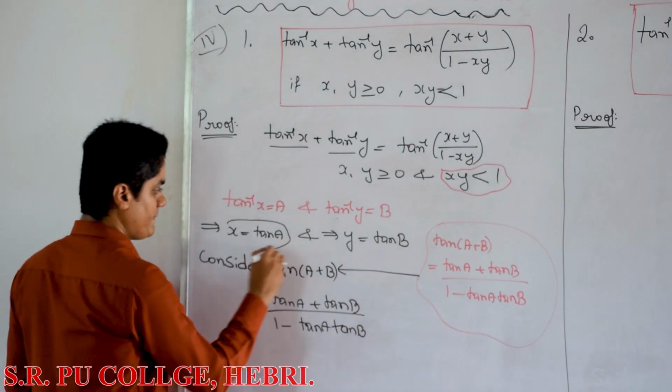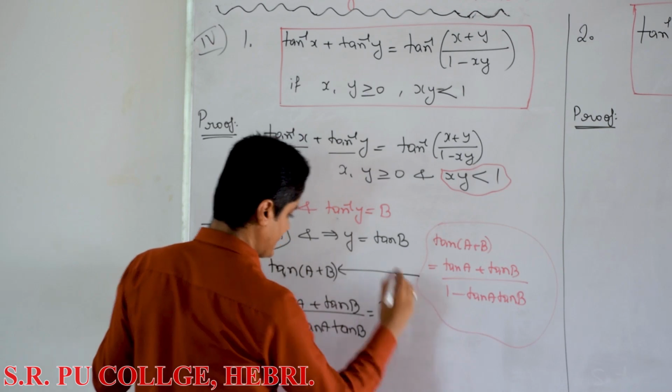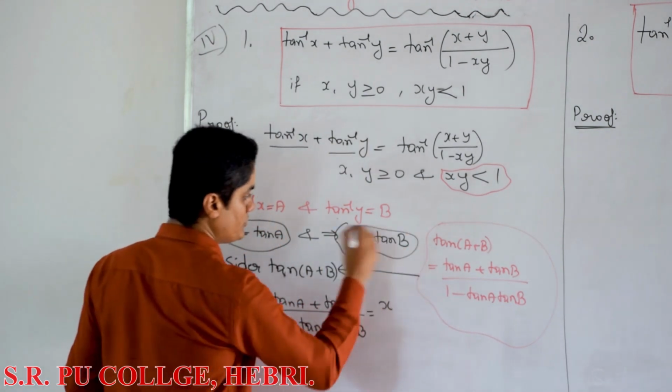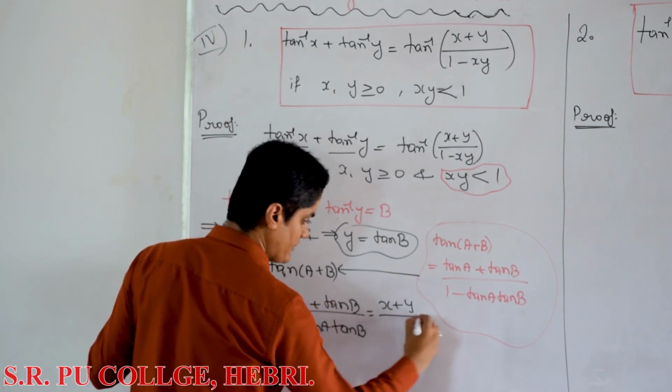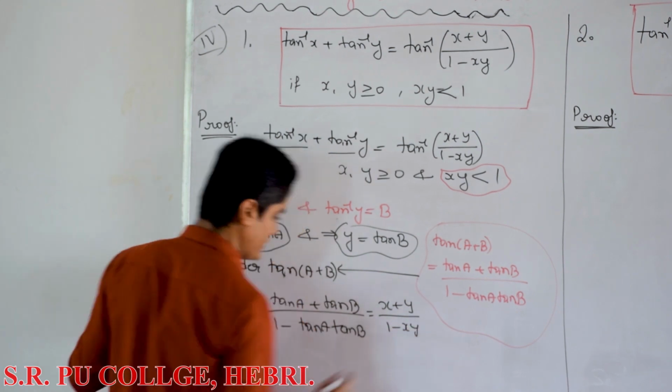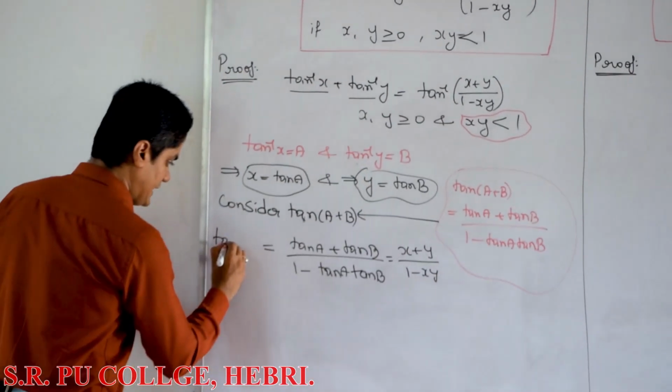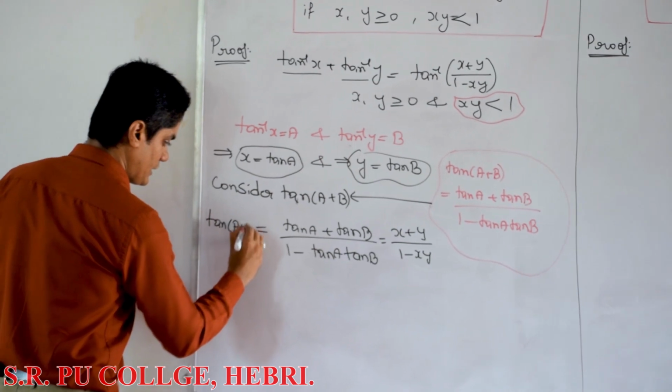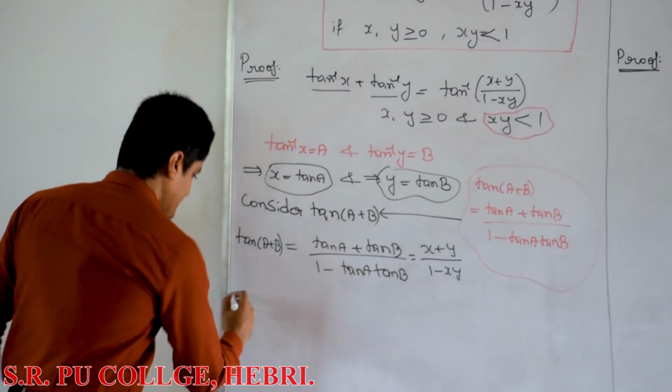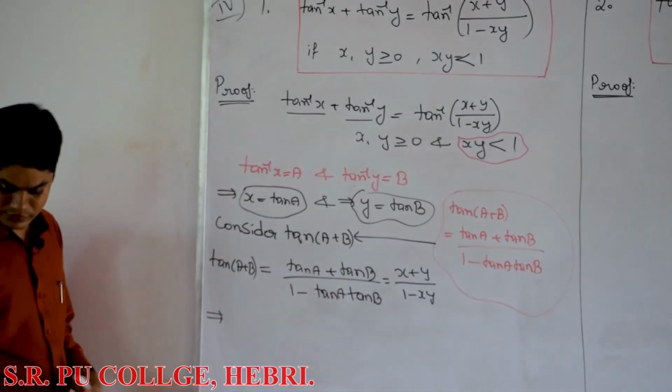What is tan a? Tan a is equal to x. Tan b is equal to y. So it is (x plus y) divided by (1 minus x into y). So here we have tan of (a plus b). So this implies, observe this carefully.